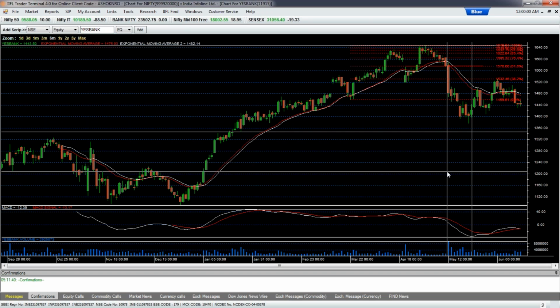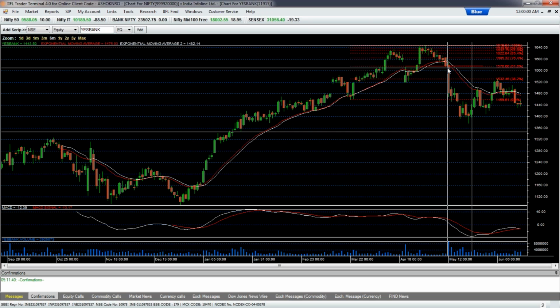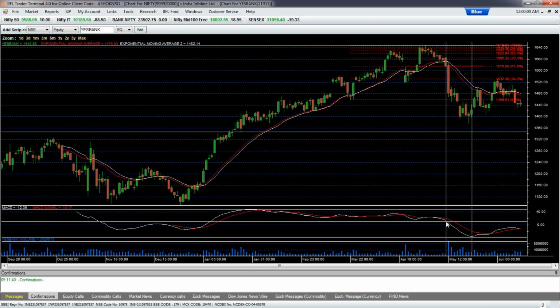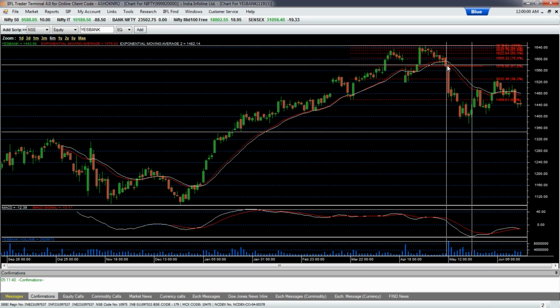So when the MACD increases much more, it is a clear indication that it will fall more. It starts falling over here, MACD increases too much, and this is a clear indication that the 20-21 day moving average has given us a sell signal.